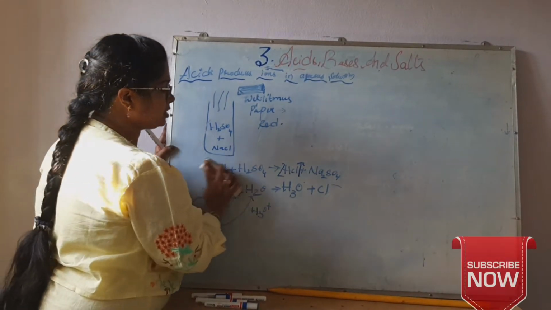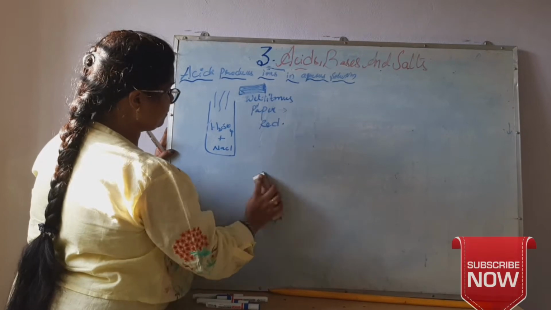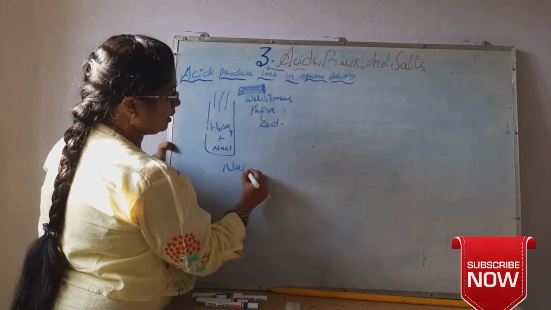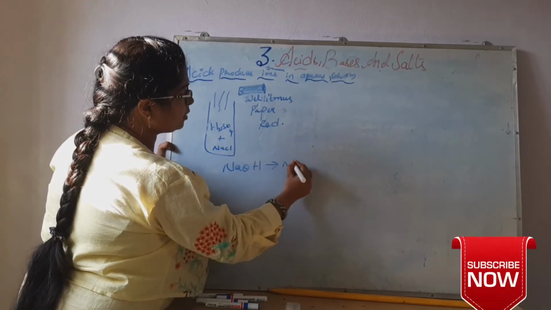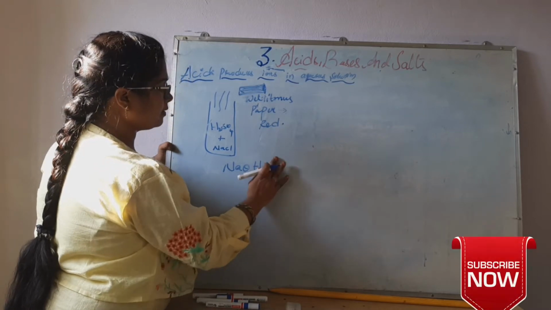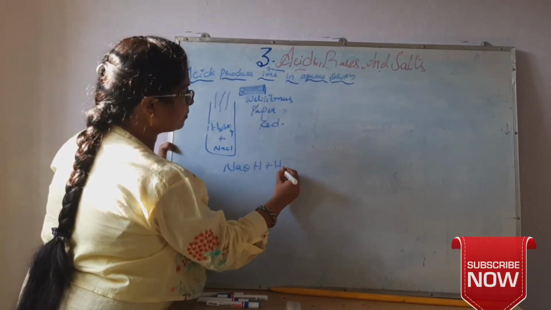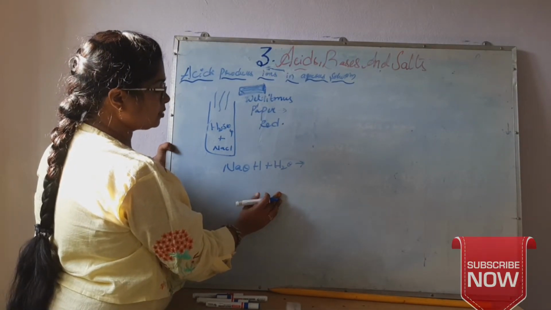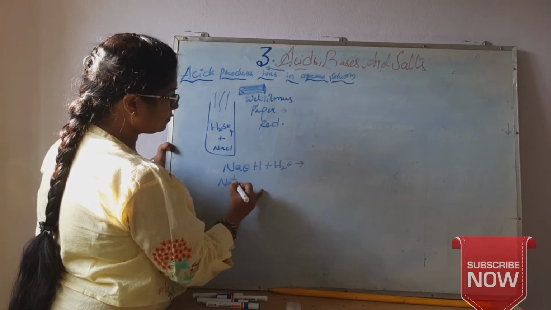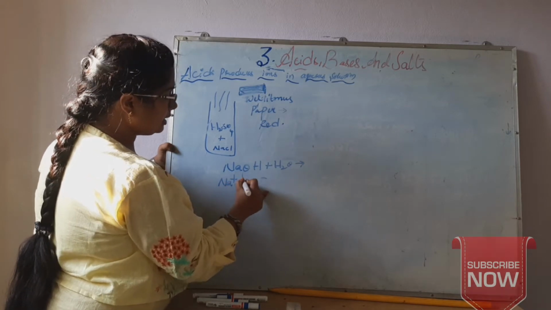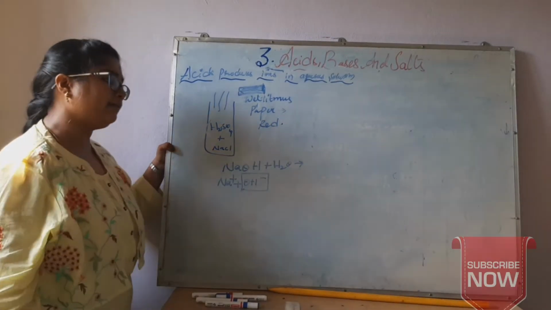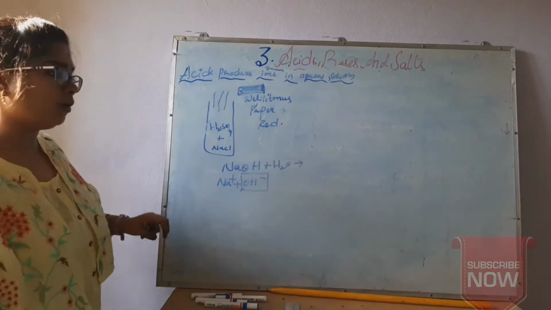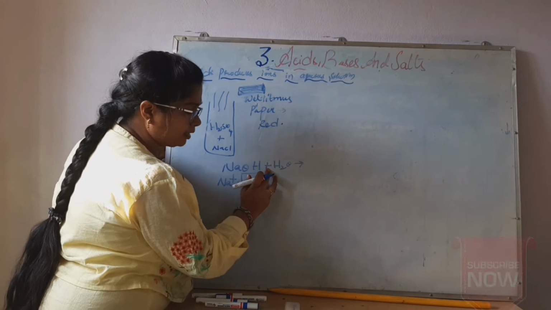Now with a base like NaOH, in that also it is going to split. NaOH plus H2O splits into Na+ and OH-, isn't it? This negative ion is going to combine with water. In the presence of water, there is no need to add water for the base.